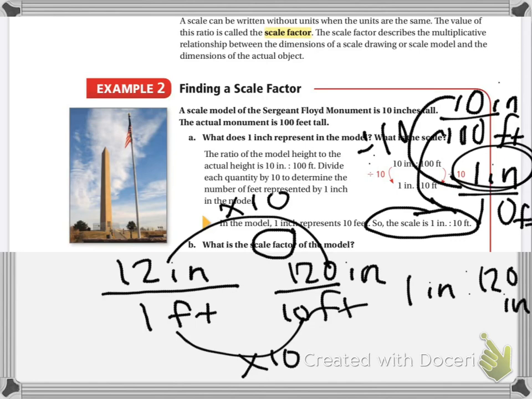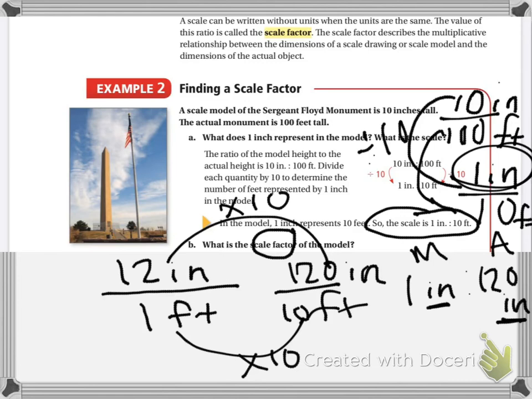So this is the model. This is the actual. Now notice that I have it into the same unit. 1 inch of the model is going to be to 120 inches of the actual.